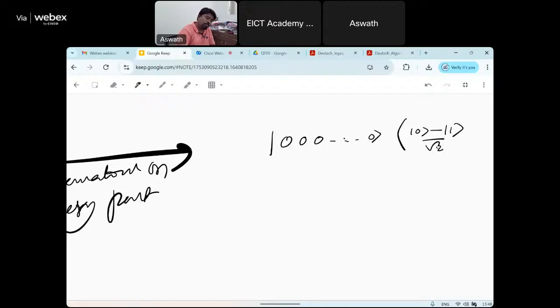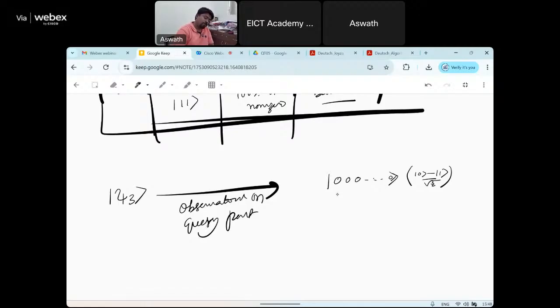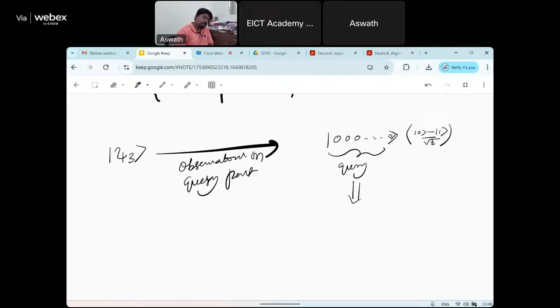I'm not going to do anything with that, I'm keeping it remaining the same. If the query part observation leads to this, it implies f of x is a constant.